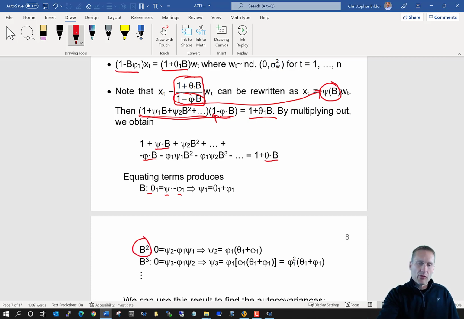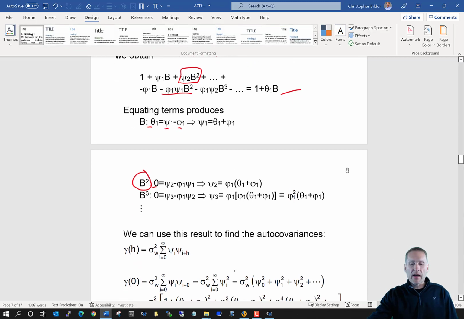Next, let's go to b squared. We have a psi 2 times b squared minus a phi 1 times psi 1 times b squared. I have no b squared over there, so I set 0 equal to psi 2 minus phi 1 times psi 1. Okay, what I want to do is find psi 2.